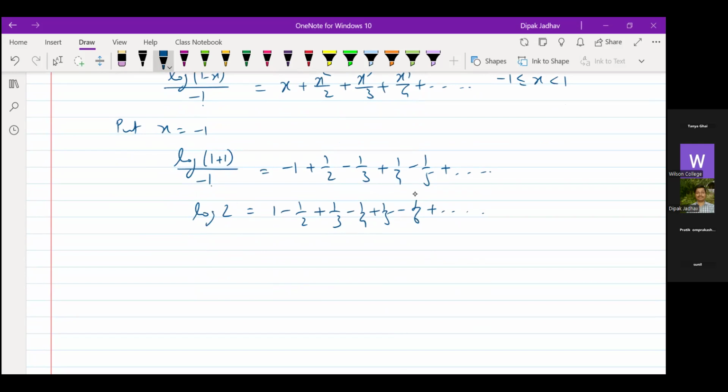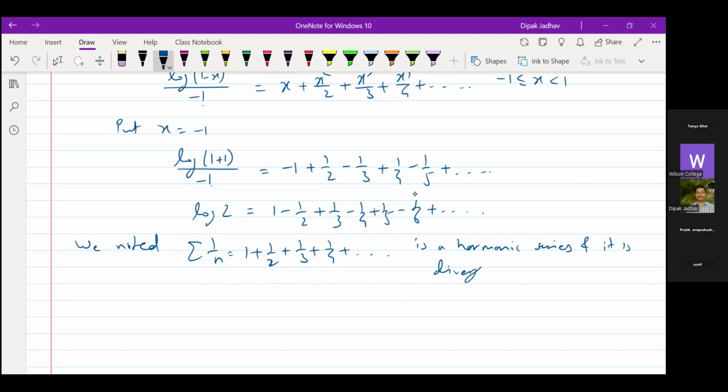So you should not forget this series. We already noted that summation 1 by n, that is 1 plus 1 by 2 plus 1 by 3 plus 1 by 4, is a harmonic series, and it is divergent. We already know. Is it okay?